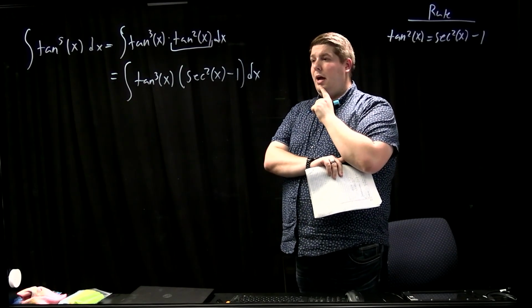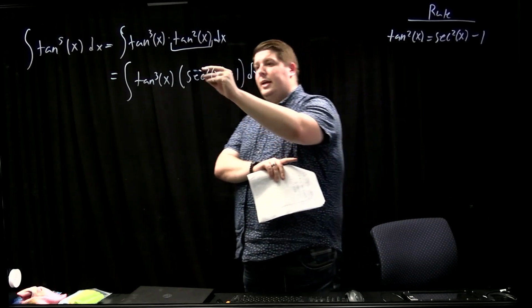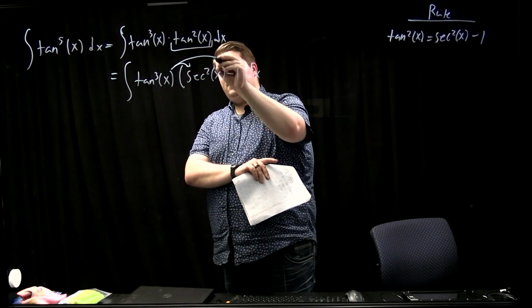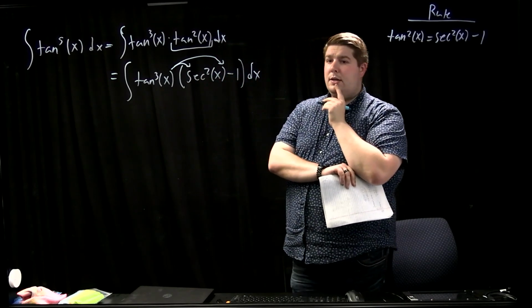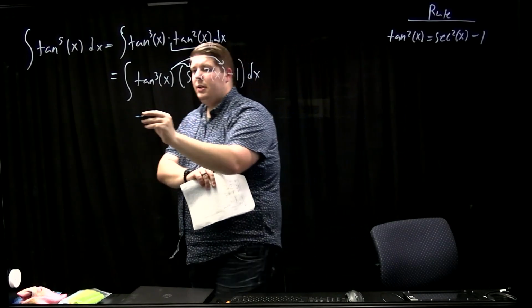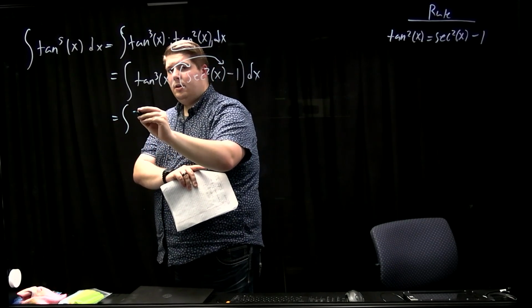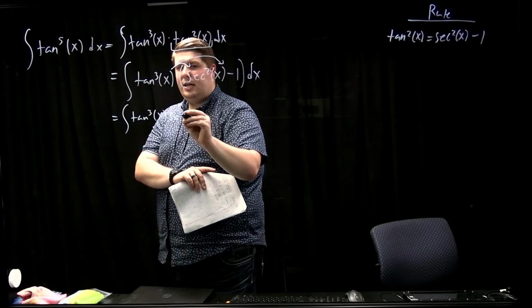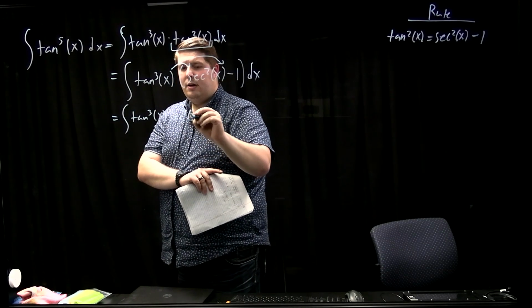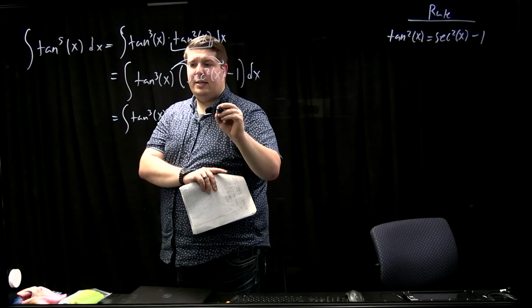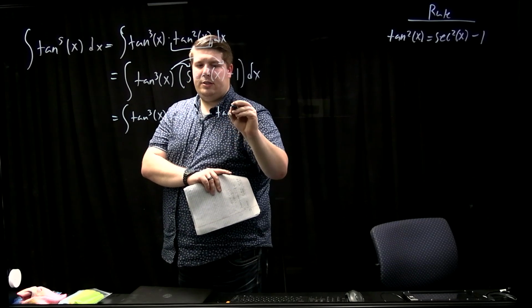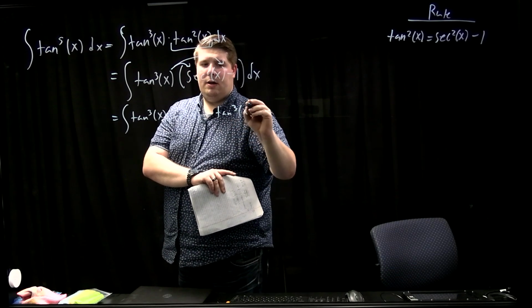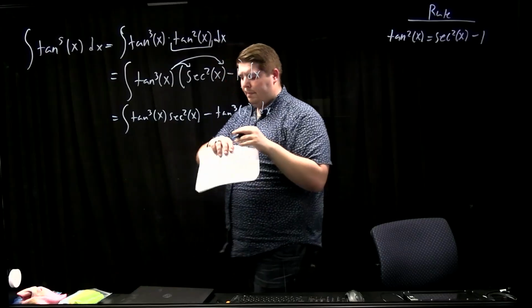So now what I can do is distribute this tangent cubed to get tangent cubed of x times secant squared of x minus tangent cubed of x dx.